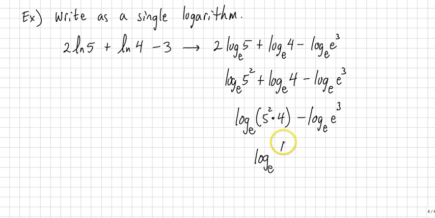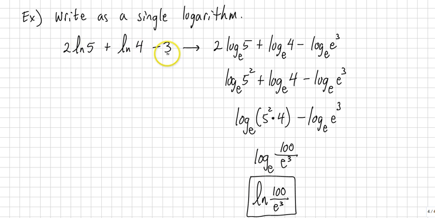So 5 squared times 4 is 100 divided by e cubed. Well, again, we don't want to leave log base e. We'll write it how it's usually written. So that'd be natural log of 100 divided by e cubed. So we've combined these 3 terms into a single logarithm.